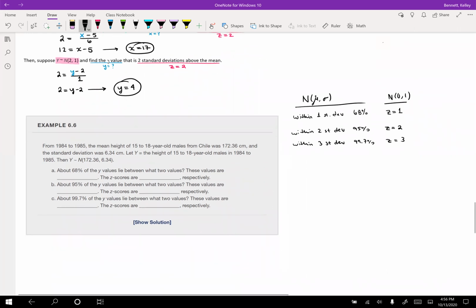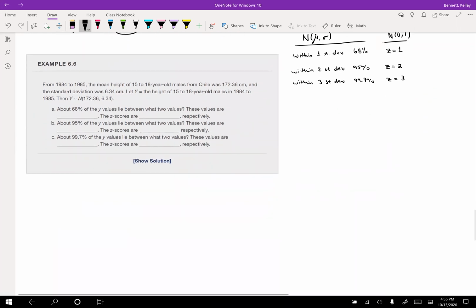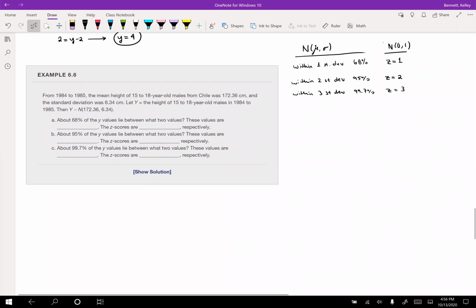So, for example, 6.6. From 1984 to 1985, the mean height, I'm going to write mu, of 15 to 18-year-old males from Chile was 172.36. Okay, so my mean is 172.36.